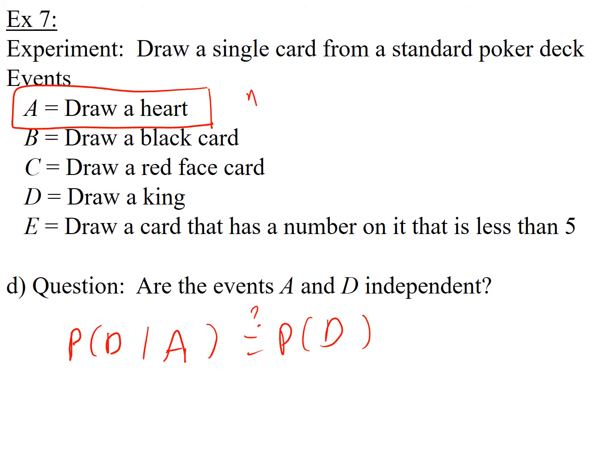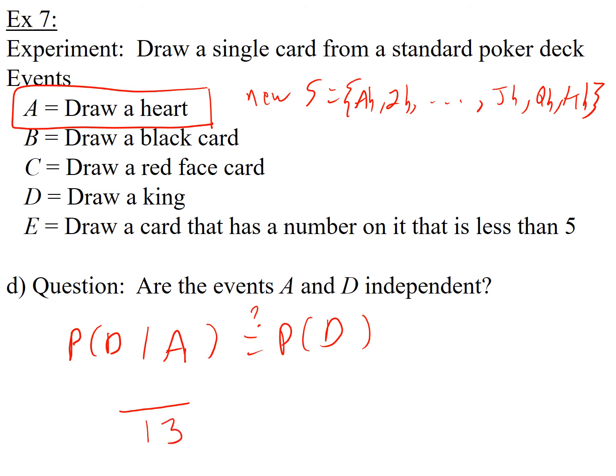And that tells me now my new sample space is all the hearts. Ace of hearts, 2 of hearts, all the way up to Jack of hearts, Queen of hearts, King of hearts. All the hearts. So that new sample space has 13 things in it, so the denominator for this is 13. But then I want to know the probability of D, the probability I draw a king from this new sample space. There's only one king in the entire new sample space, so 1 out of 13 for that.